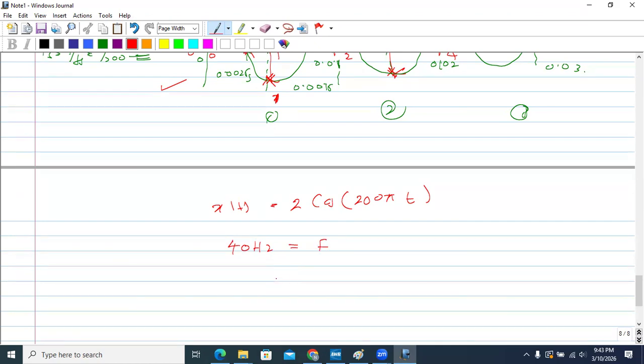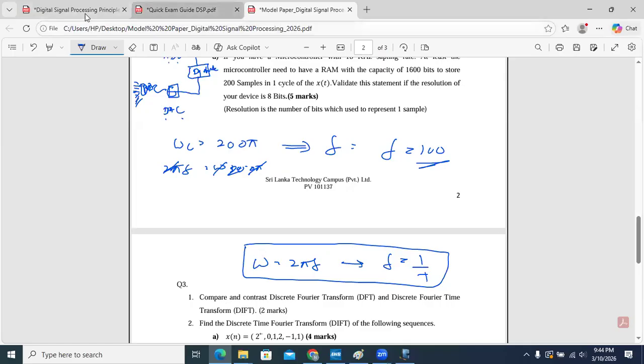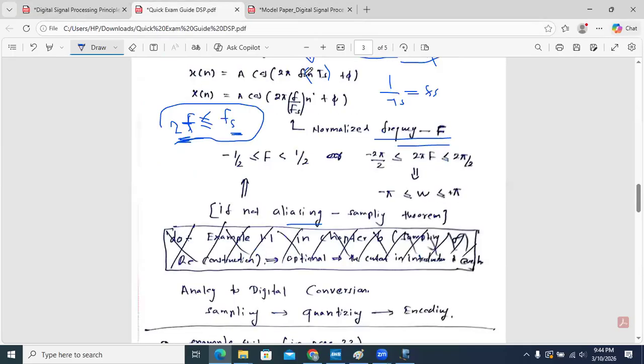If you write this xt as 2 cos, you can get 125 here. Now f is 125, so xt is 2 cos of 2π times f into t. Then next, xn, you have to use this equation.